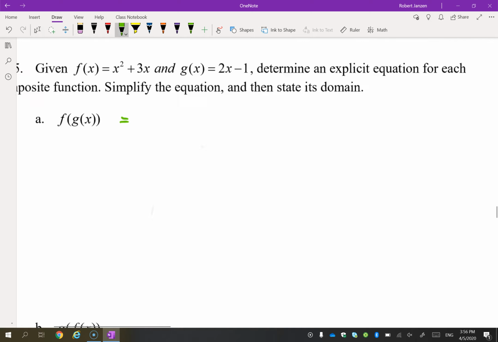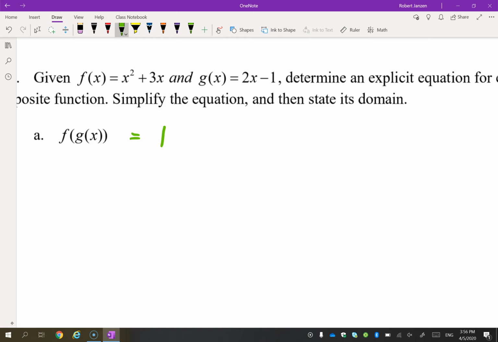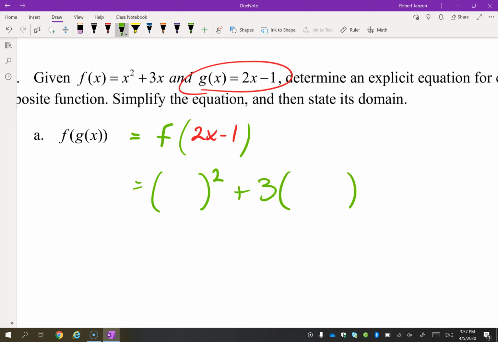So let's take the composite function f of g of x. Instead of g of x, I'm going to take g of x and put it in here. All right, and now I'm going to take this value to be x and put it into the f function. So in the function originally, this is x squared plus 3x, but instead of x, I'm going to put in 2x minus 1.